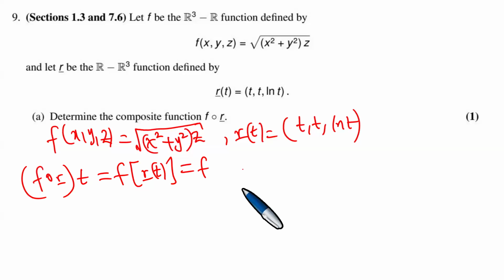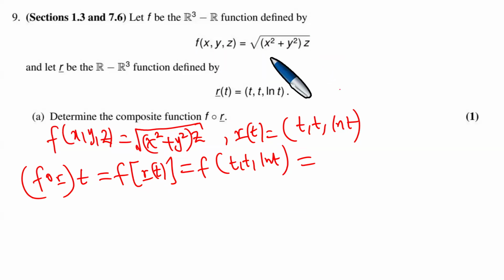What is vector R? Is this one? t ln t. Vector R is t ln t. So we substitute the vector R there, t ln t. And then we use the definition of the function f, and f of an ordered triple is going to square the first component x, square the second component, multiply by z, and square root everything.